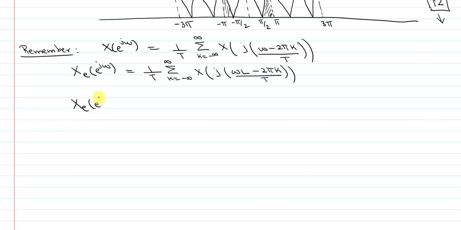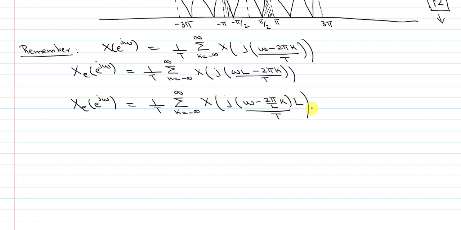So X_e(e^{jω}) is 1/T, summation k from minus infinity to infinity, X(j...). I'm going to take this L outside, so it's going to be (ω − (2π/L)k) times L/T.